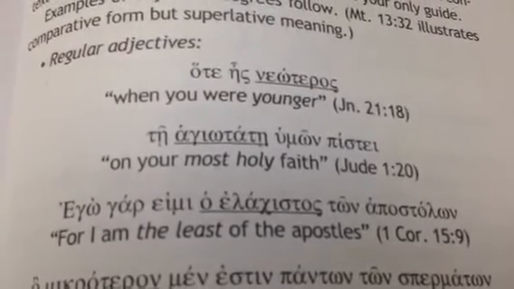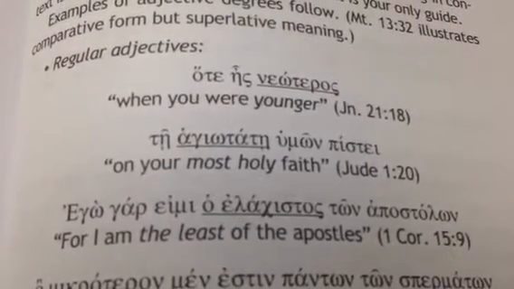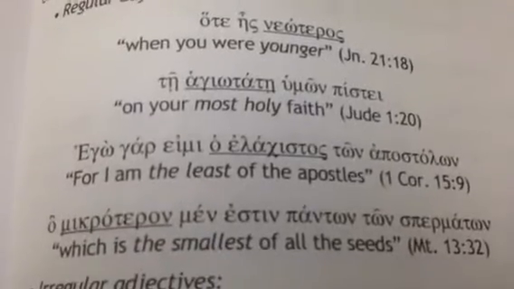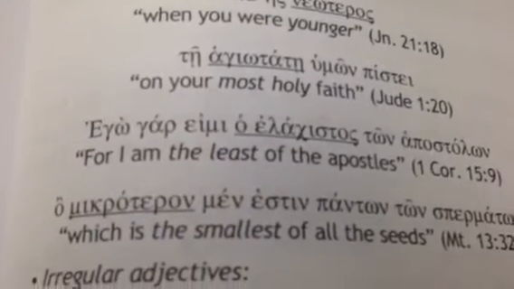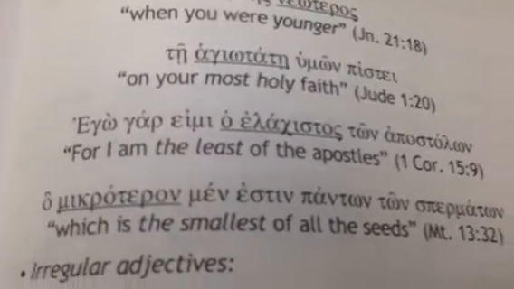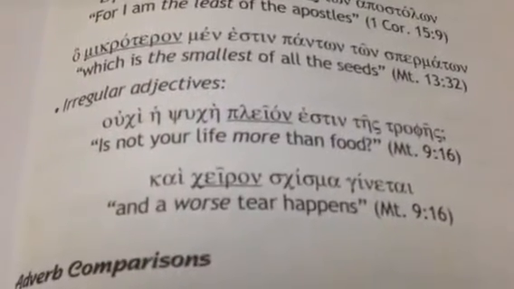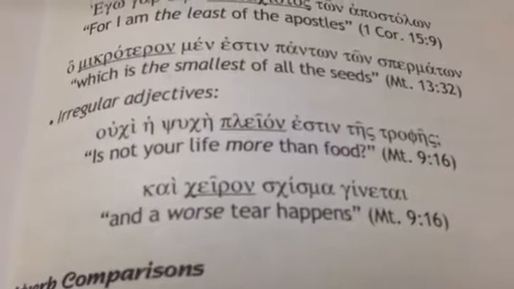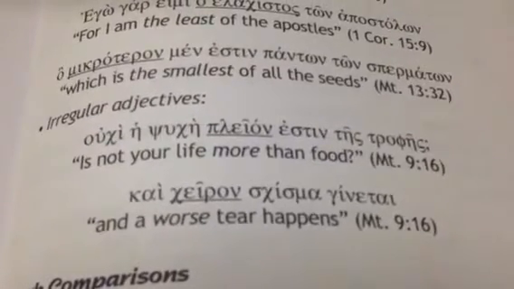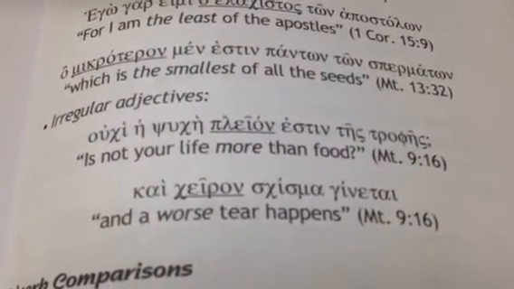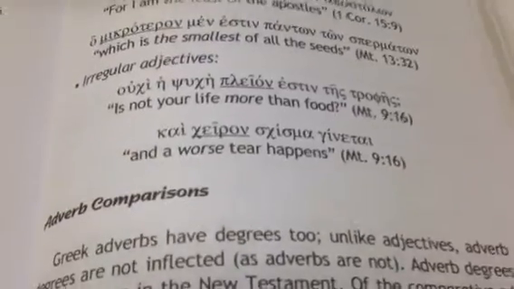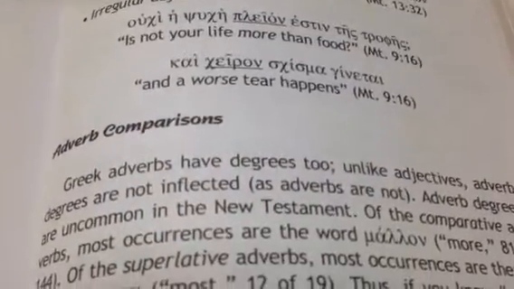Or here, the construction with the article, ho elachistos, ho mikroteros, notice that it has the teros ending, and then we have some highly irregular ones, where you simply have to memorize the words. Pleion, kreisson, those all have to be memorized. Well, those are the adjectival comparisons.